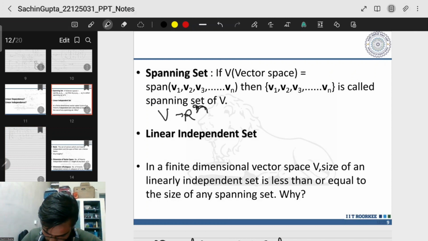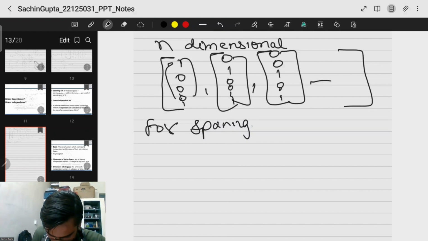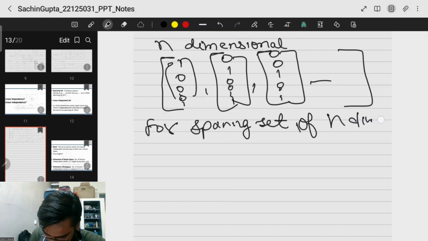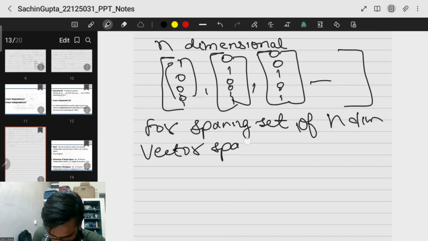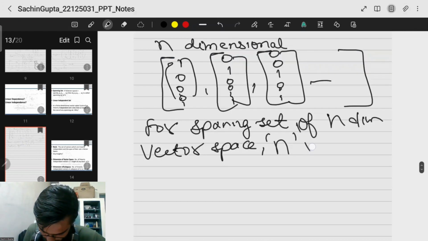So for a spanning set of an n dimensional vector space, the vectors must be linear independent.